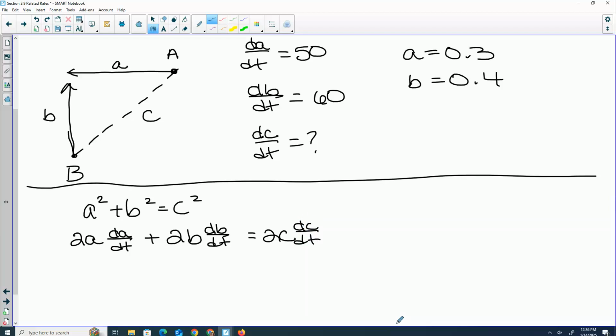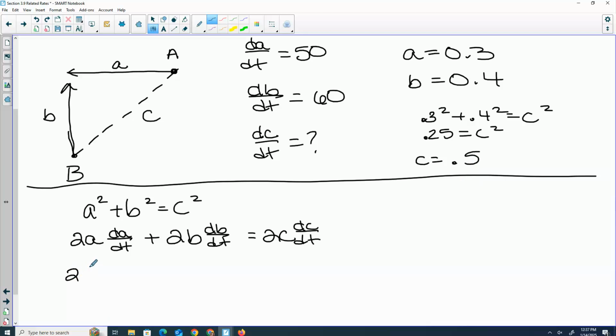Nothing was constant here because all these sides are changing. We gotta find our C with our Pythagorean theorem. So we need C, so we know 0.3 squared plus 0.4 squared equals C squared. So C is 0.5 at this instant.